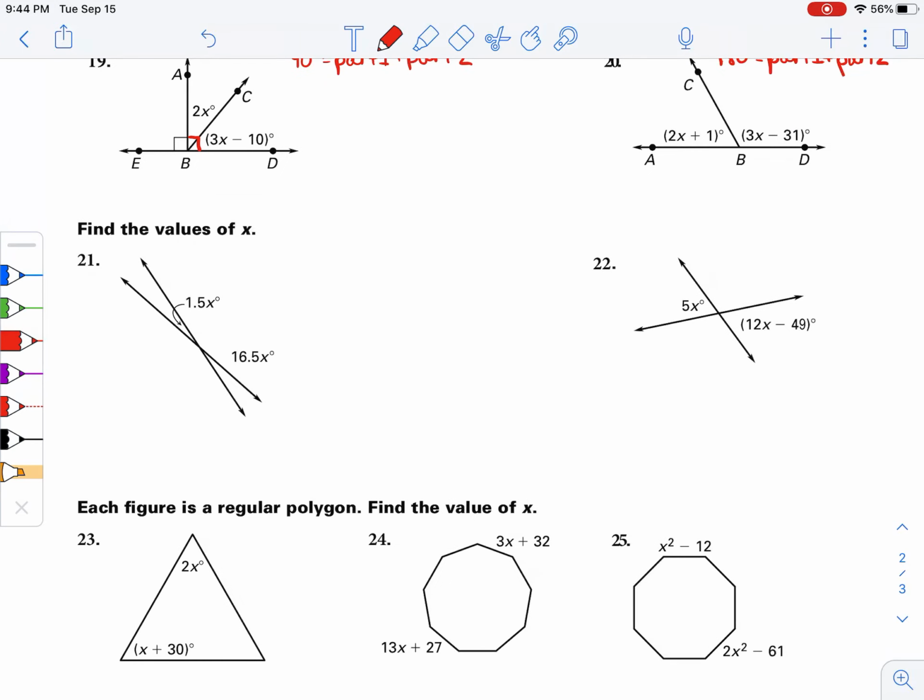For 21 and 22, this is using that linear pair versus vertical angles. So linear pair, remember, adds to 180. So you're going to set it equal to 180 because it's supplementary. And then the vertical angles are equal to each other.